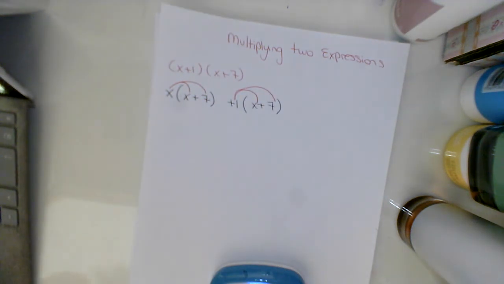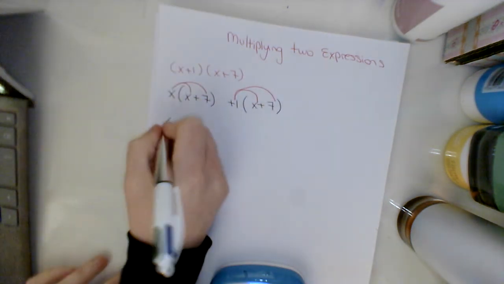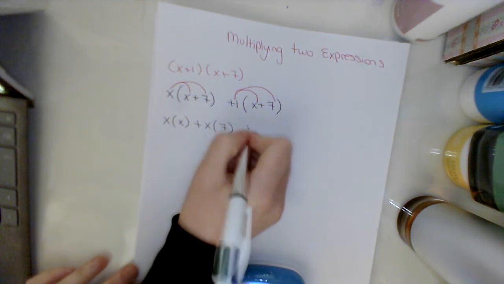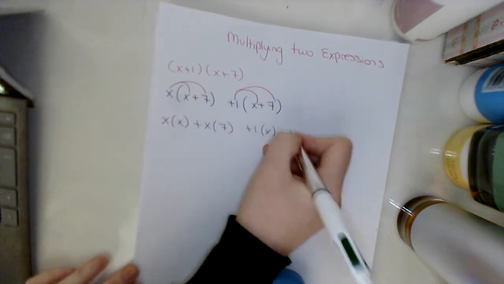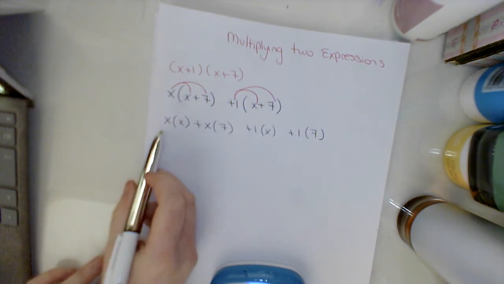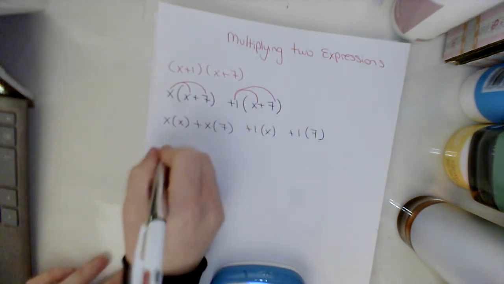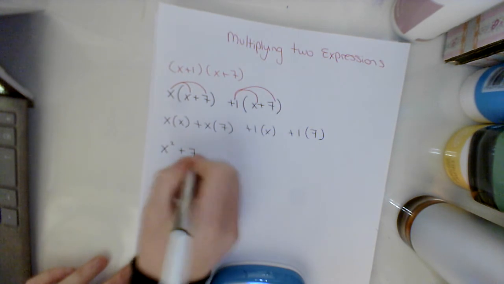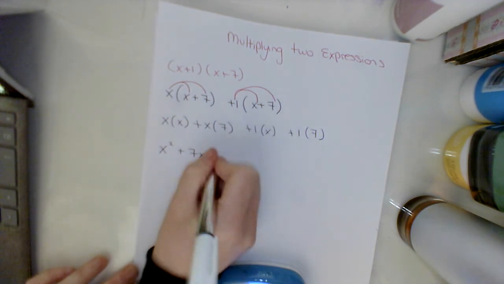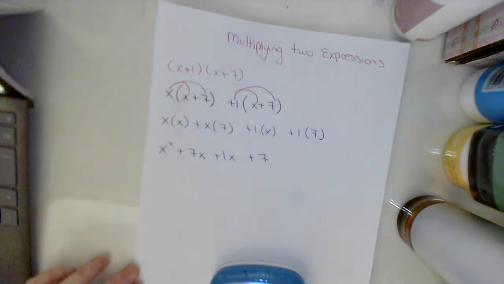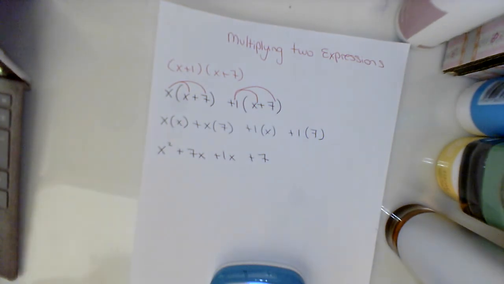So you rewrite that: x(x) + x(7) + 1(x) + 1(7). x times x, I'll get x squared. x times 7 is 7x. 1 times x is 1x, and then 1 times 7 is 7. And now I get to add like terms.